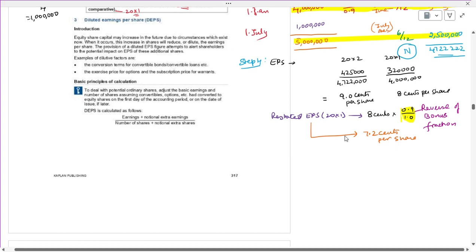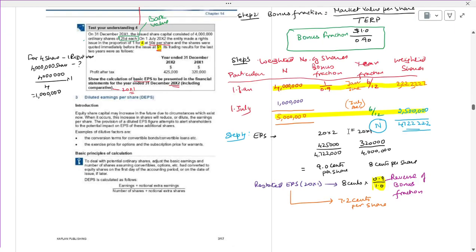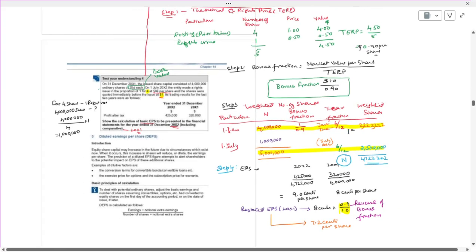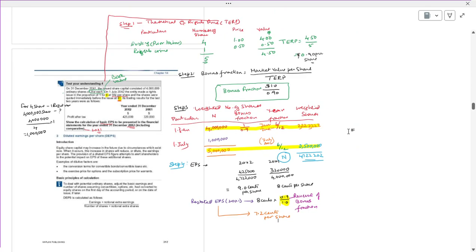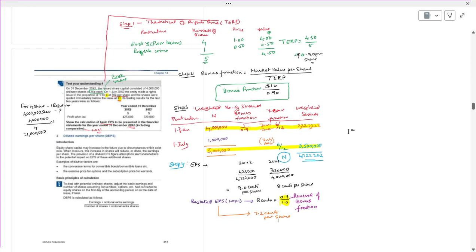Just go through steps 1, 2, 3, 4 slowly. I am putting everything on the display on the screen.